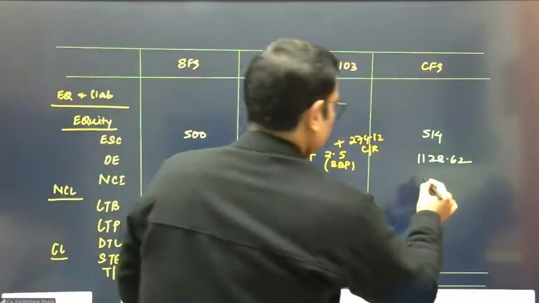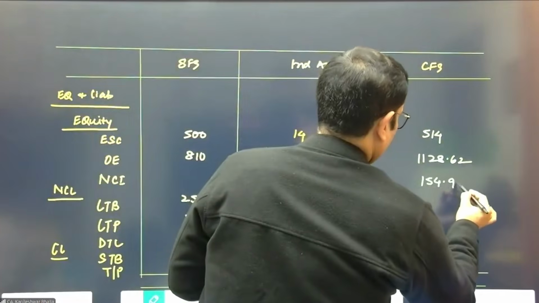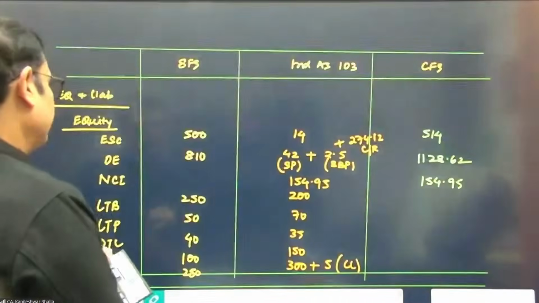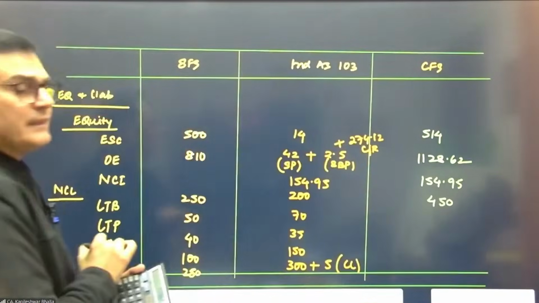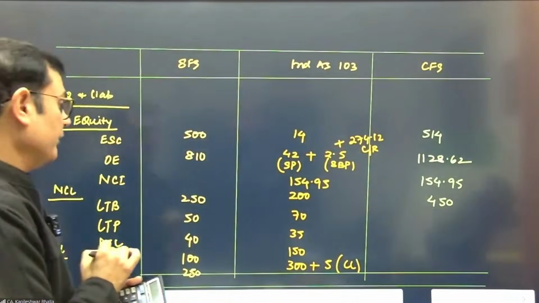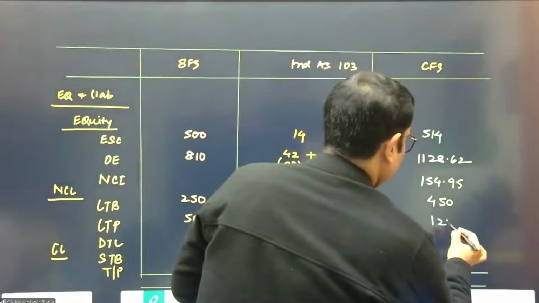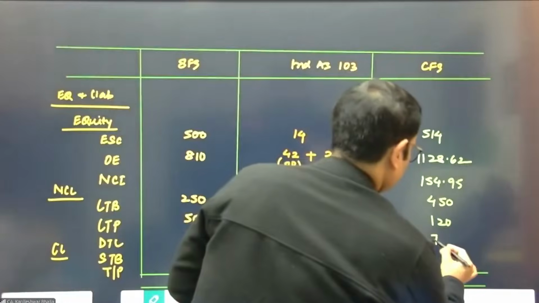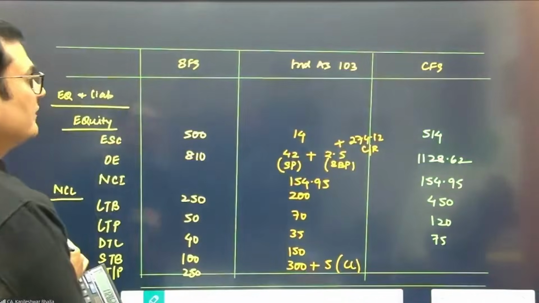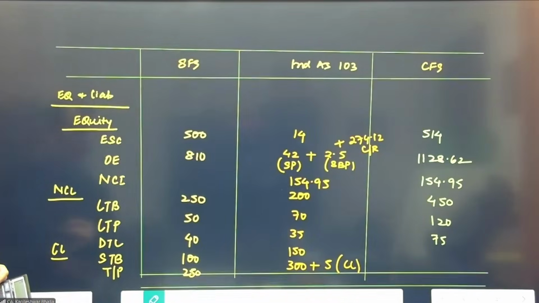Then NCI is 154.95. Then long-term borrowings is 450. We're just adding the figures. Then there is long-term provisions 120.